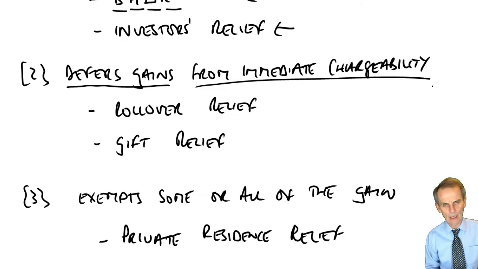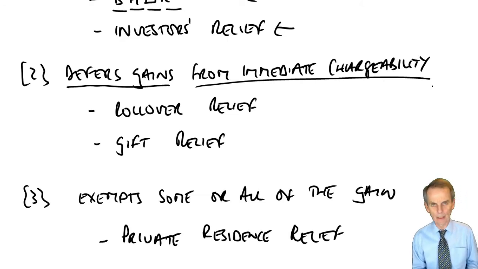They are allowing a taxpayer in a qualifying situation to avoid being taxed now on that gain in this tax year and defer it to a future point in time. We may even be able to, in terms of at least one of these reliefs anyway, pass over the responsibility for the tax on any gain made to another person.